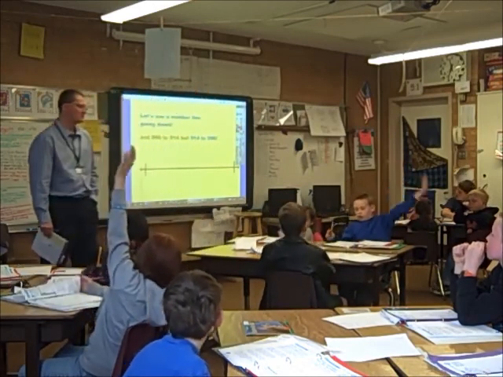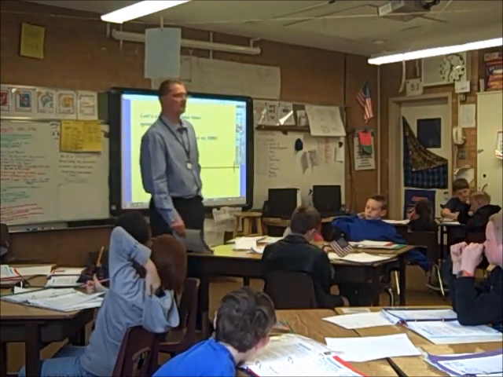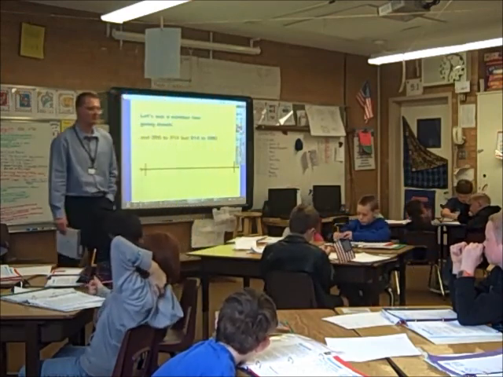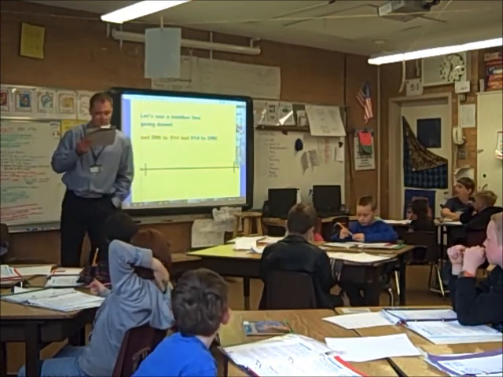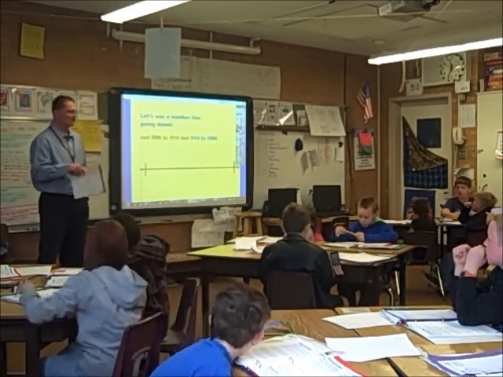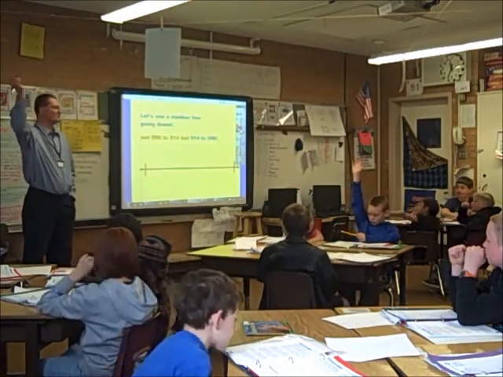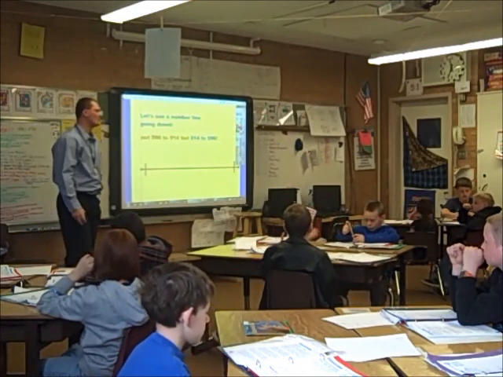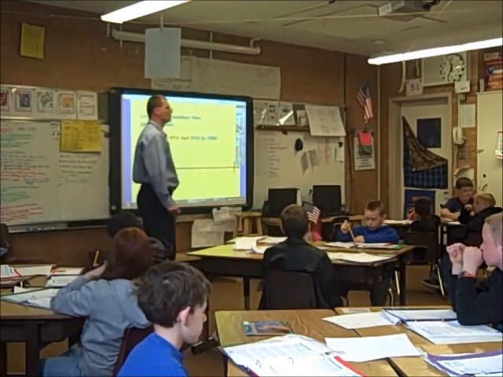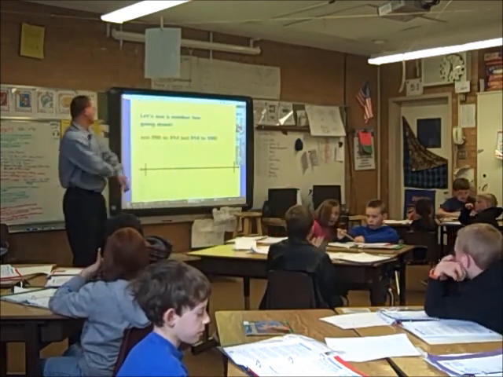Right, 914 miles away from Council Bluffs. Scotts Bluff is how many miles? 596. Okay. So we want to find the distance traveled from Scotts Bluff to South Pass.